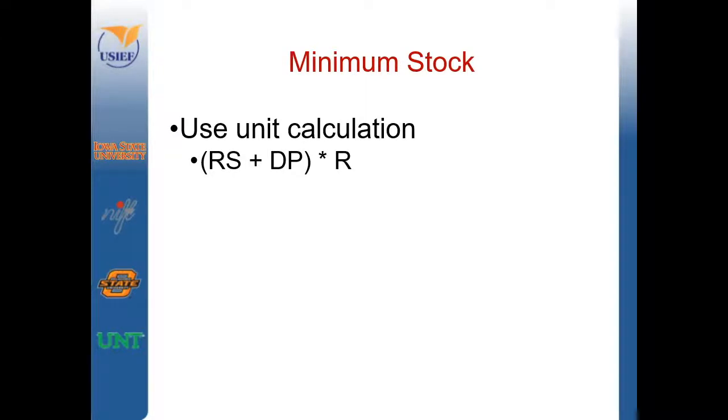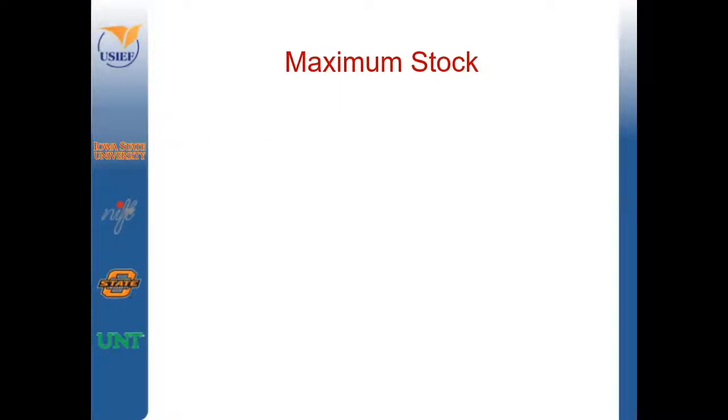To get your minimum stock, which is the least amount you need to have to make sure your sales can be met, you take the reserve stock plus the delivery period, and then you multiply that number by the rate of sale. Make sure that reserve stock plus delivery period is calculated prior to multiplying it by rate of sale. If we want to set a range and get the maximum stock, knowing both our minimum and maximum that we could hold, we would add your reorder period.